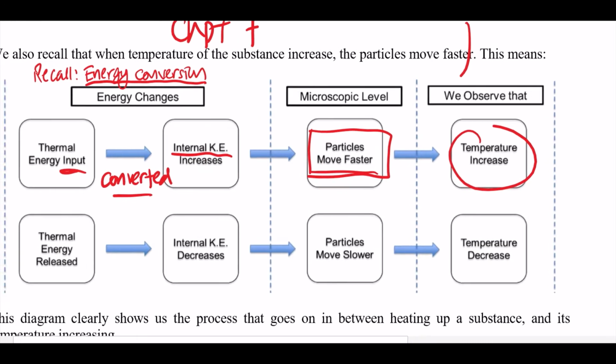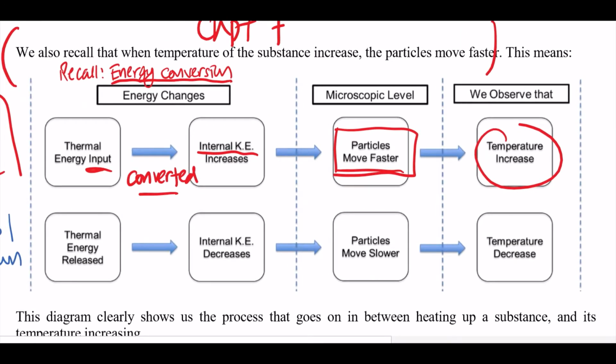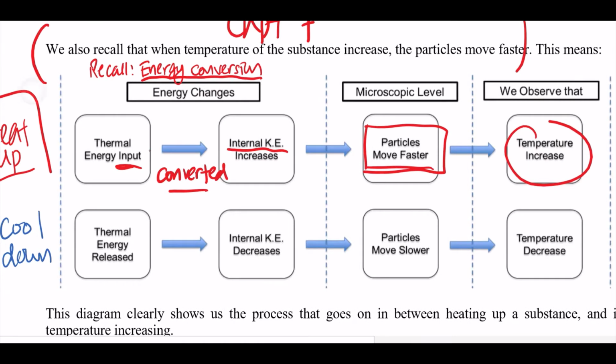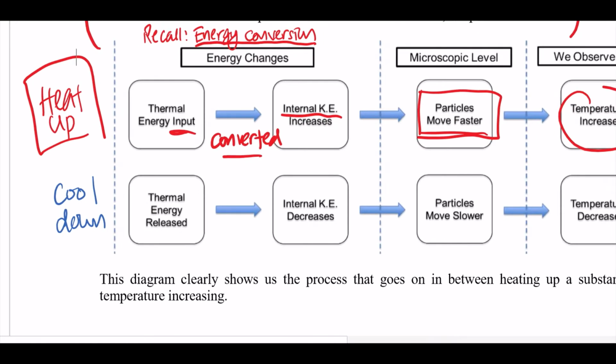All right, so this is the flow of events. Thermal energy increases, internal KE increases, the particles move faster, and as a result we see that the temperature of the object as a whole increases. We don't measure the temperature of the particles. And on the other hand, if we were to cool the substance down, the opposite happens.